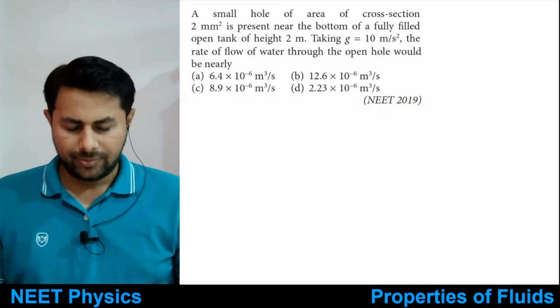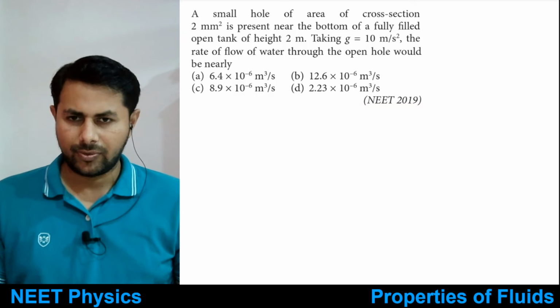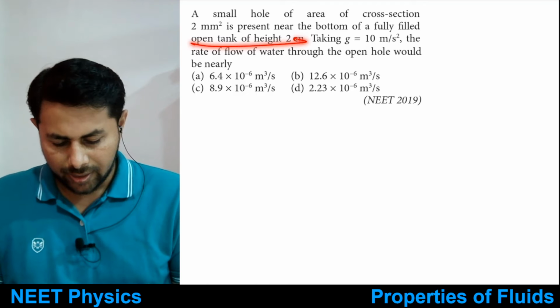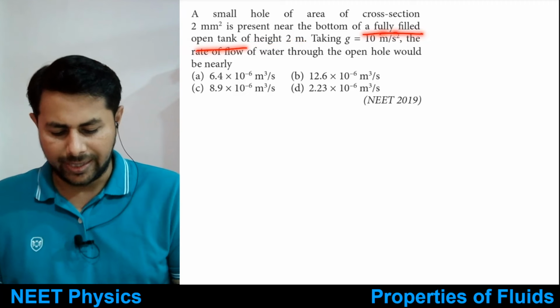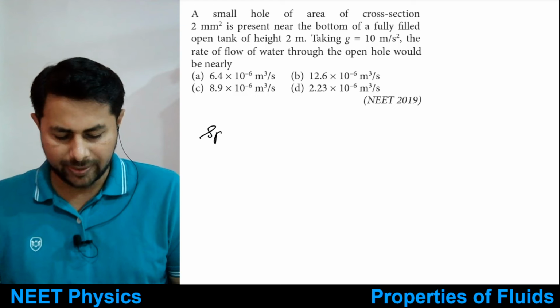Tell me, volume that's coming out. Okay, first of all, you can find out, see, this is a fully filled open tank of height 2 meters. That means what would be the speed of efflux?